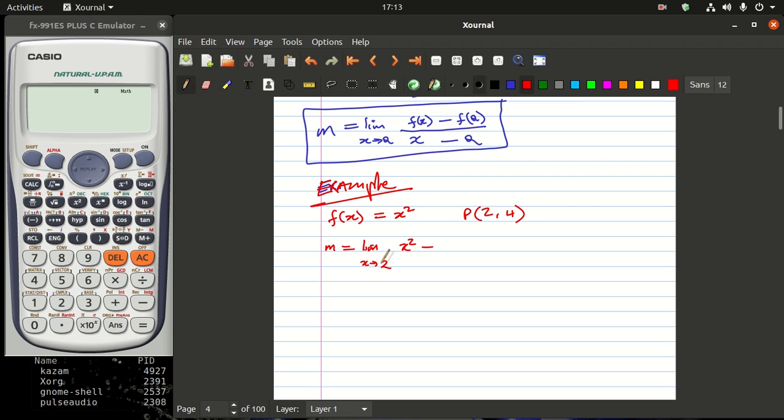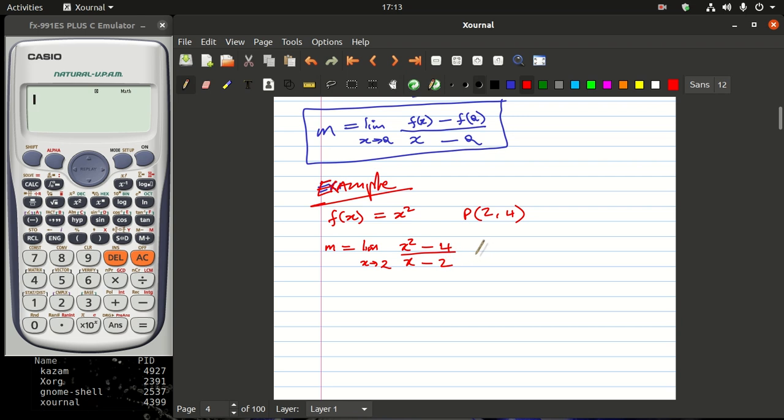So if I take this 2 and plug it in here, what is the output? The output is going to be 2 squared, which is 4, which is what was given. So I will end up having a 4 here. And then I divide by x minus a, which in this case is 2.